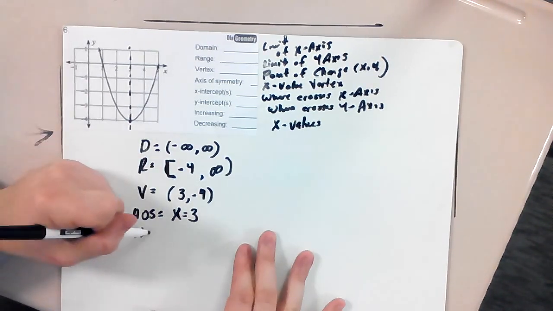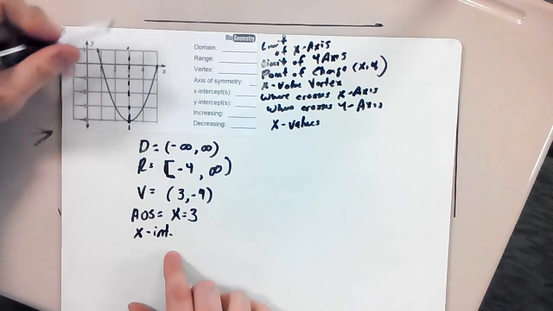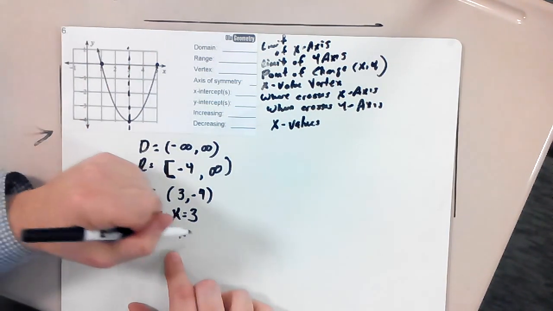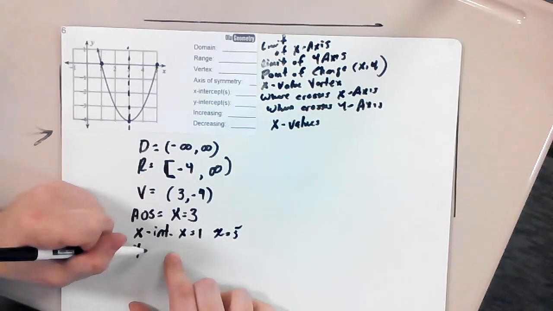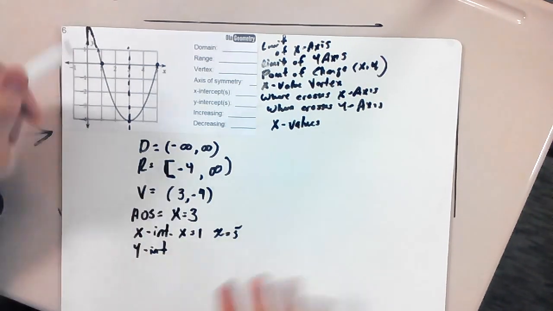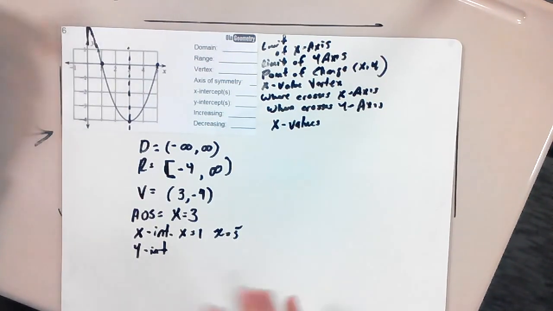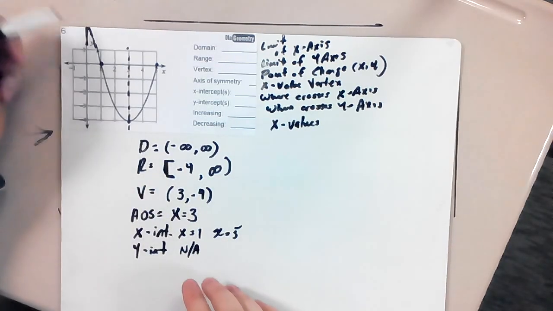The x-intercepts are where the graph crosses the x-axis. That's 1 and 5, so x equals 1 and x equals 5. The y-intercept, we can't see it, but I would like to go over it. Let's just pretend this guy goes up this way. You can write NA if you want, but if we could see where it crossed, it would be like 2. I'm going to write NA here because we really don't see it.